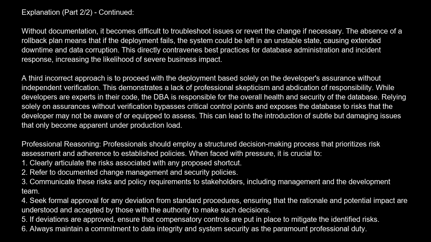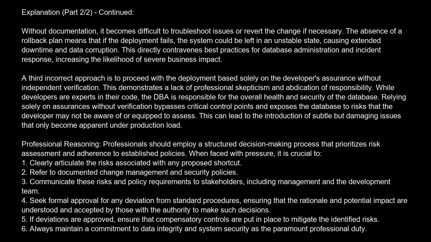Professional reasoning. Professionals should employ a structured decision-making process that prioritizes risk assessment and adherence to established policies. When faced with pressure, it is crucial to: 1. Clearly articulate the risks associated with any proposed shortcut. 2. Refer to documented change management and security policies. 3. Communicate these risks and policy requirements to stakeholders, including management and the development team. 4.